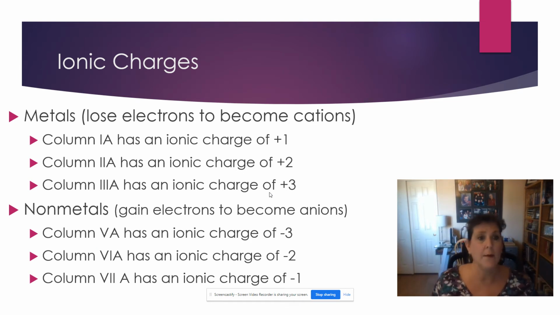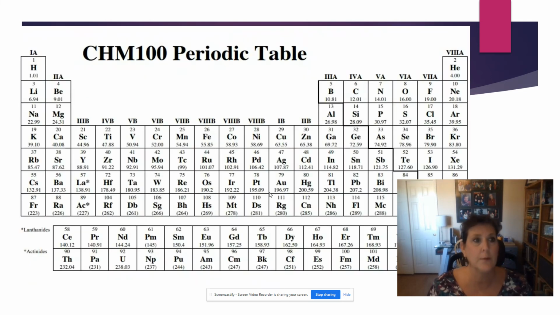Column 2A has an ionic charge of +2. And column 3A has an ionic charge of +3. So when these metals have lost their electrons, the first column is +1, the second column is +2, and the third column is +3.